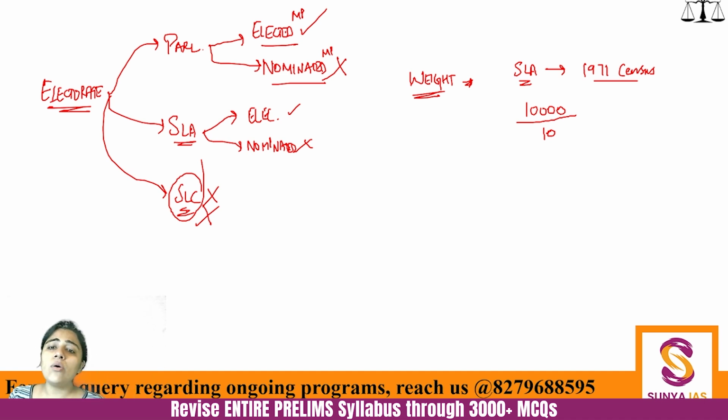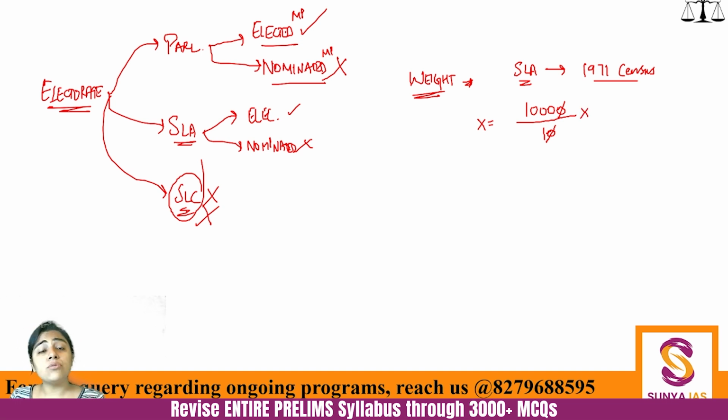Okay. Now, the value of each vote of each MLA in a state, I'm just talking about this state X right now. Each state's value is calculated separately. So in this state X, there live 10,000 people and they have 10 seats in the legislative assembly. So you see that you divide it and you get 1,000.